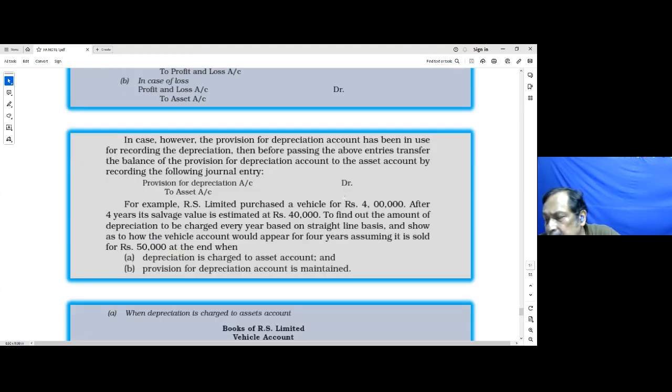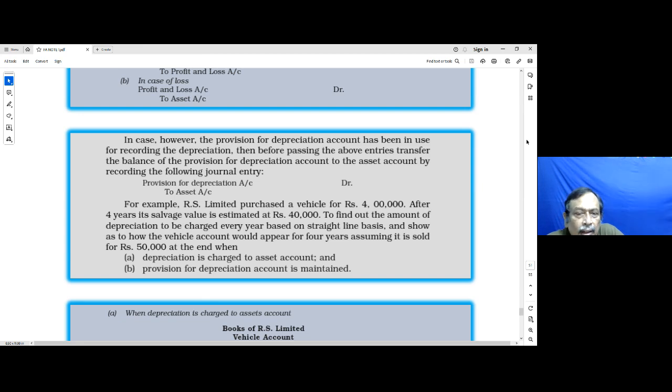Now, in case the provision for depreciation account has been in use for recording depreciation, then before passing the above entries, transfer the balance of the provision for depreciation account to the asset account by recording the following journal entry. Provision for depreciation account will be debited and asset account will be credited.